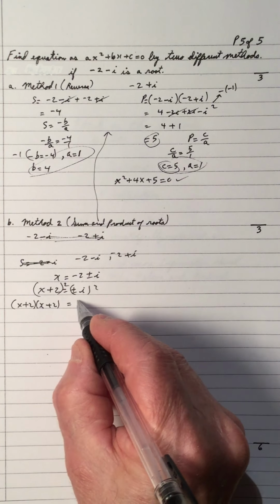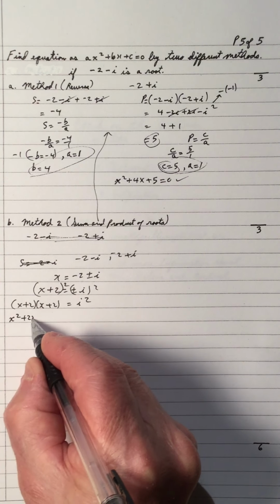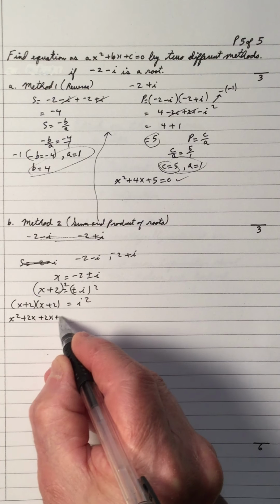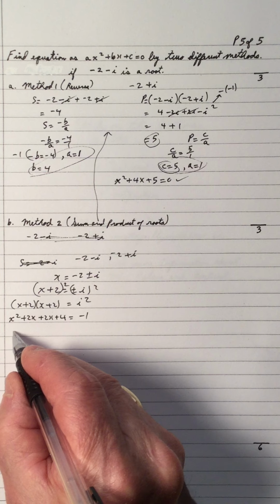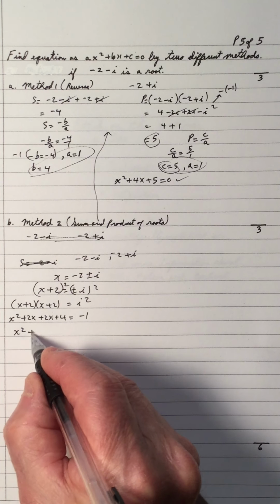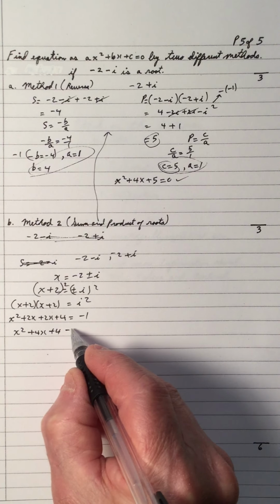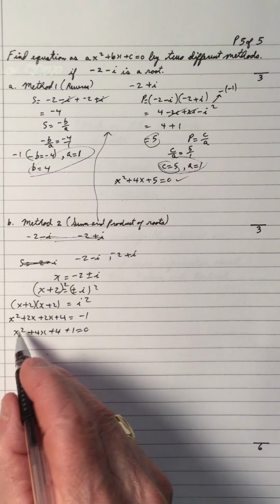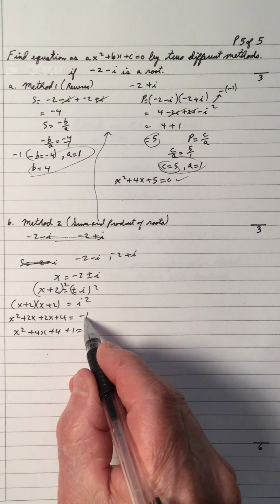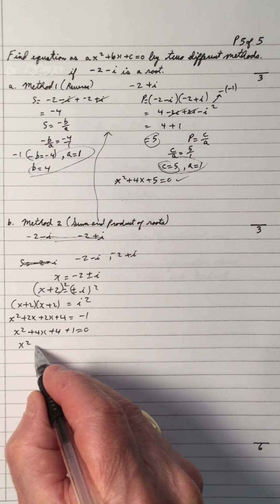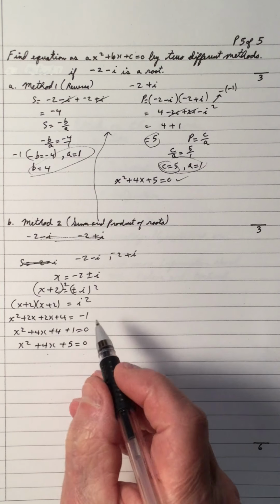And when we square, we get an i squared. So it's x squared plus 2x plus 2x plus 4. i squared is negative 1. And that gives us x squared plus 4x plus 4 plus 1 equals 0. You add the 2 of these together, you get 4x. You bring the minus 1 over to make it a plus. So you get x squared plus 4x plus 5 equals 0.